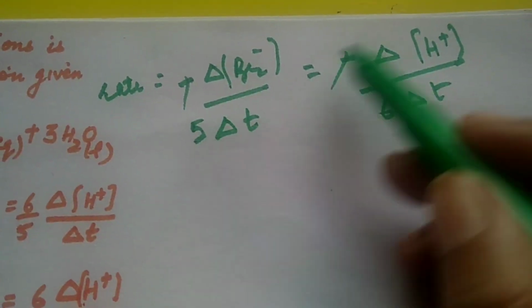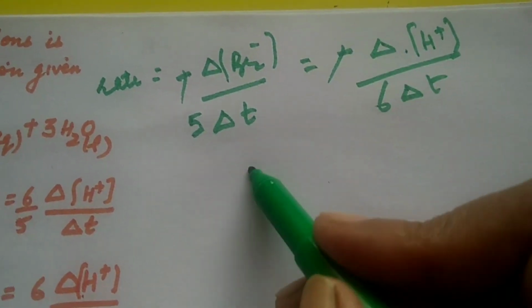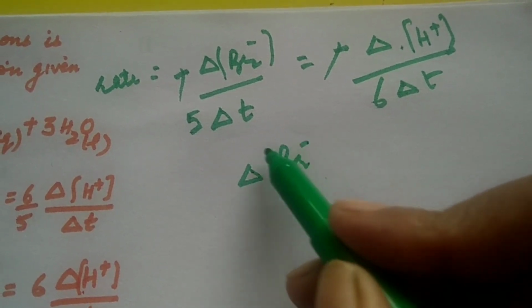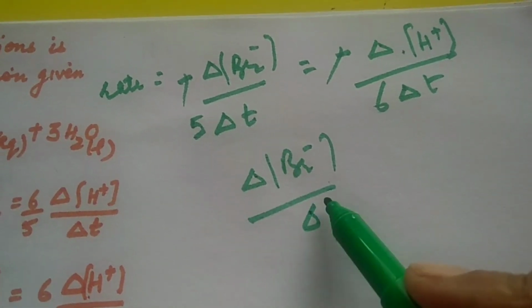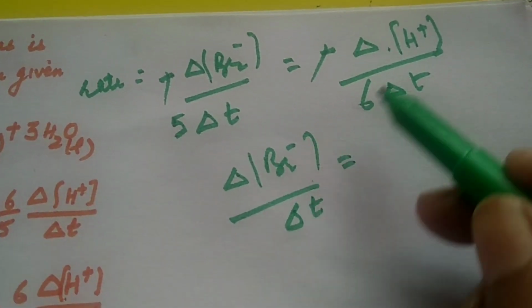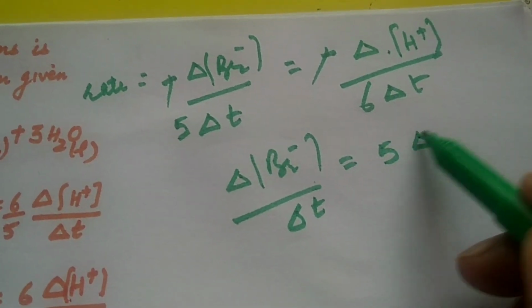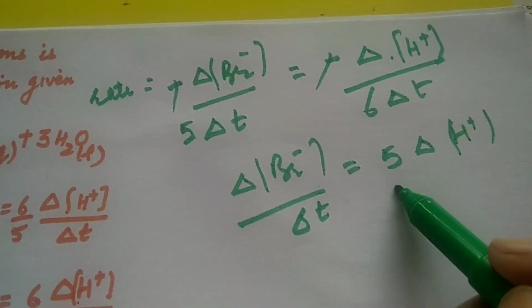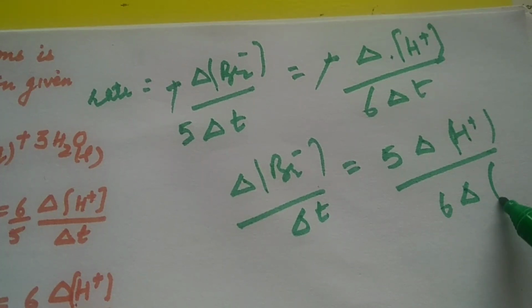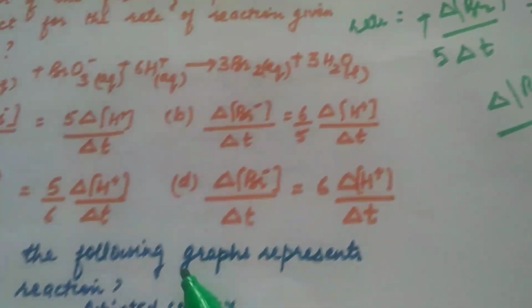So taking 5 to this side, we get delta Br negative upon delta T is equal to 5 delta H plus upon 6 delta T. So option C is the correct answer.